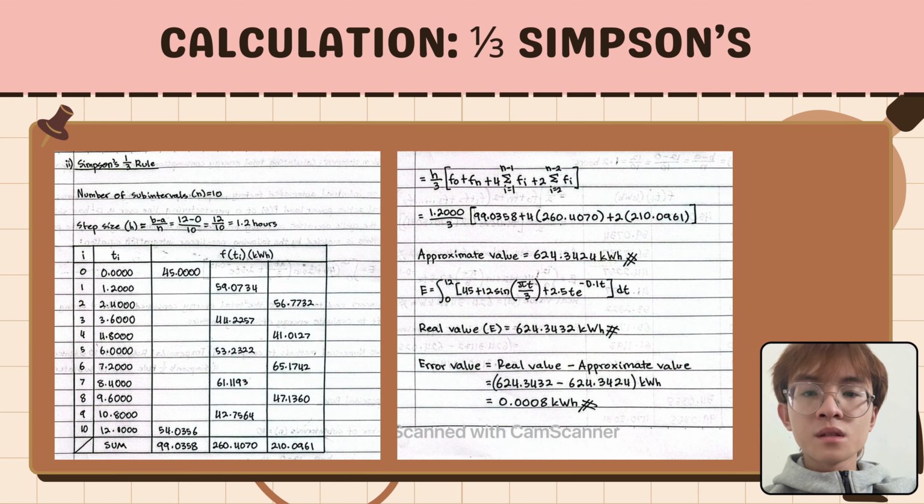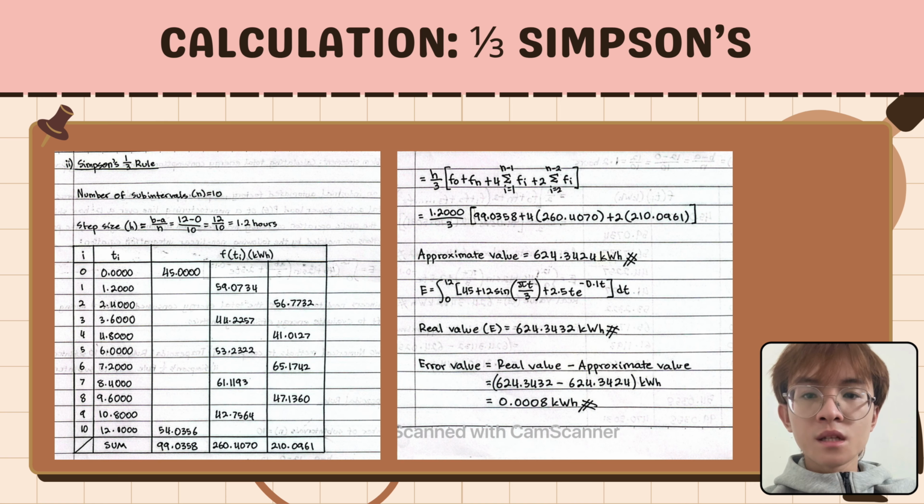Next is Simpson's 1/3 rule. For this example, Simpson's 1/3 rule is used to estimate the total energy consumption over a 12-hour period. The interval is divided into 10 equal subintervals with a step size of also 1.2 hours. The function values are grouped into odd and even terms and substituted into Simpson's 1/3 rule formula. The calculation gives an approximate energy value of 624.3424 kilowatt.